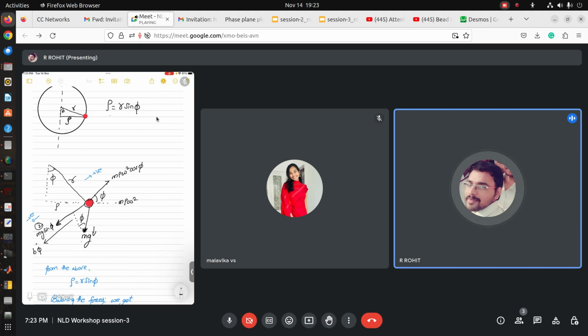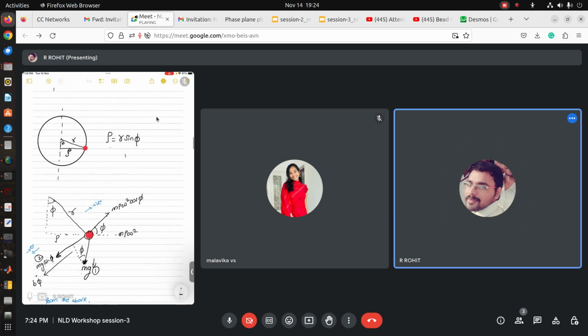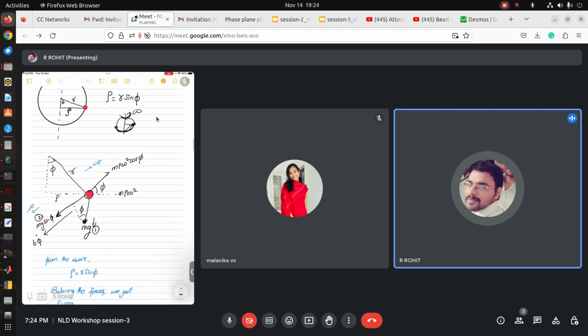That is the second force. Apart from that, since the bead is rotating with omega, as you have seen in the video, there is a centrifugal force acting on it. That is m r omega square.